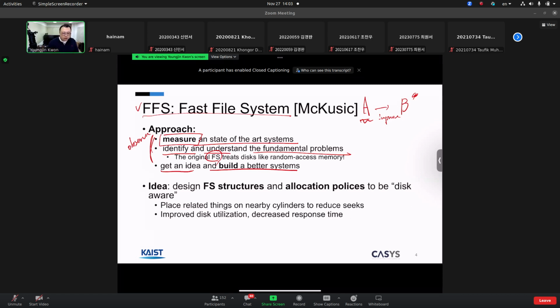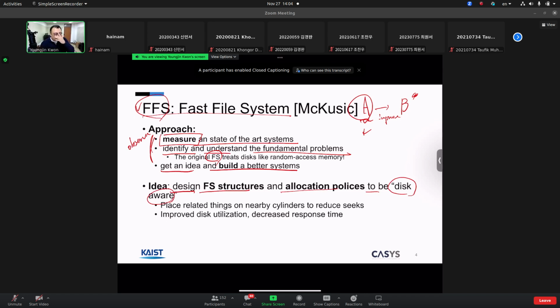That is how typical systems research works: observe, measure, enumerate inefficiencies, and defeat them with a new design. FFS typically follows this formula to improve file systems. This is a good example of how systems research works. So design a new file system structure and allocation policy. The key idea for FFS is what? Disk awareness.